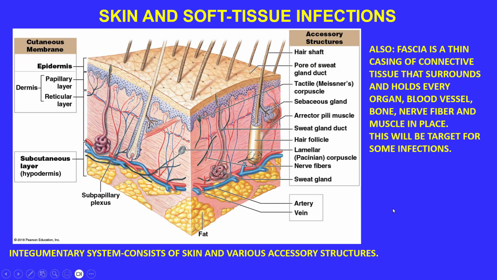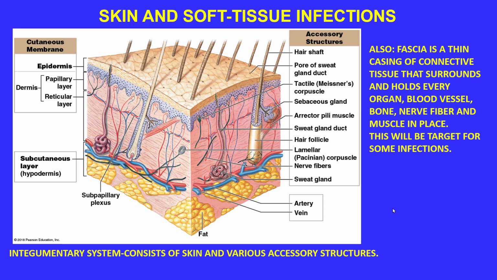So let's get started. First thing, what you've got to do is keep in mind that the skin has accessory structures: hair shaft, pore of sweat glands. You'll have the sensors such as the Meissner corpuscle and the Pacinian corpuscle.